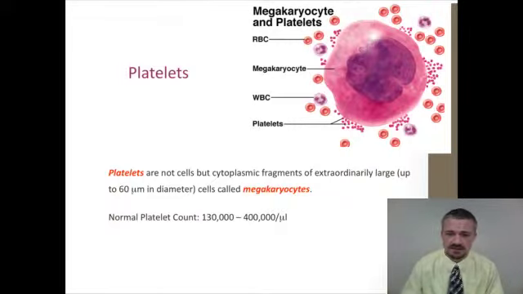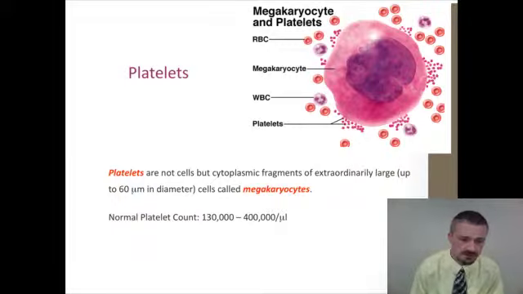As you can see around this large cell here, you have these small little platelets, which are fragments of this large cell breaking off. They're not going to have a nucleus and have very little in the way of organelles. And usually per microliter of blood, you're looking at anywhere from about 150,000 to about 400,000 platelets per microliter.